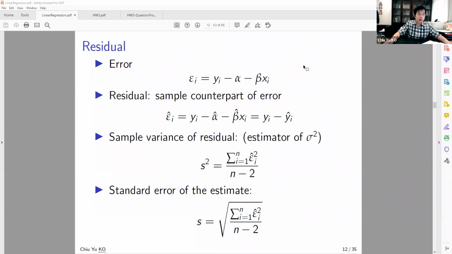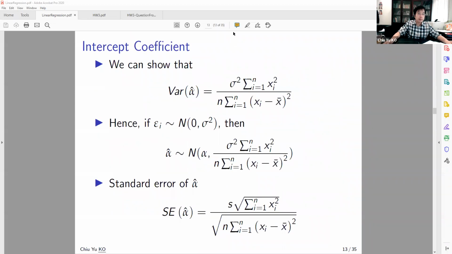So remember again, the model is yi = alpha + beta xi + epsilon i. And we set the mean of this to 0 and the variance of this is sigma square, right?